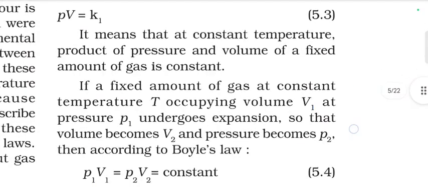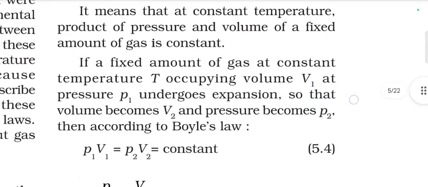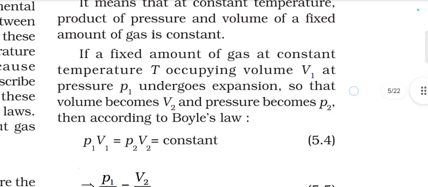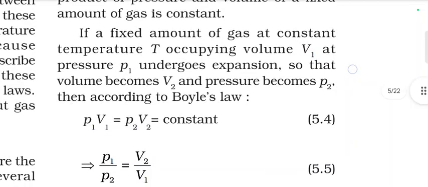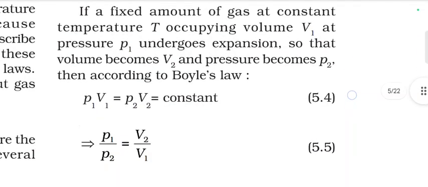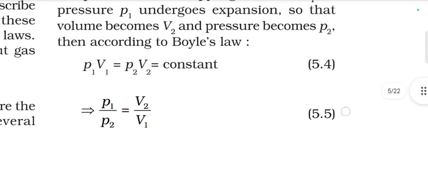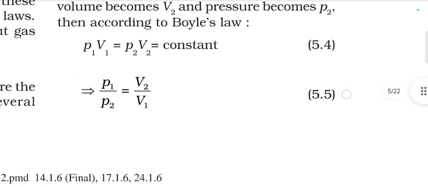If a fixed amount of gas at constant temperature T occupying volume V1 at pressure P1 undergoes expansion so that volume becomes V2 and pressure becomes P2, then according to Boyle's law, P1V1 = P2V2 = constant. Then P1/P2 = V2/V1.